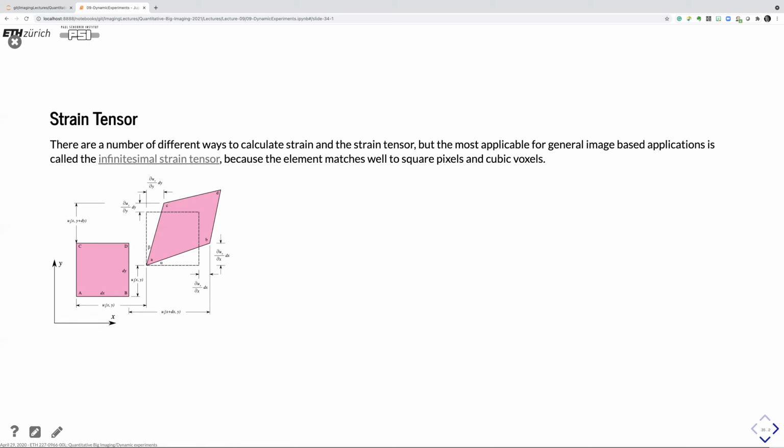If you're interested in this, I can dig out some publications, but I don't think I have it available right here now. But if anyone is interested in looking at digital volume correlation and strains, then there is a big literature out there. I think even there is a book I can pick up.